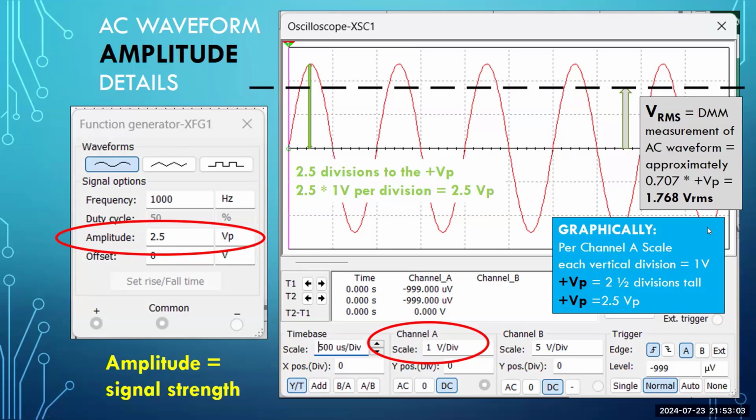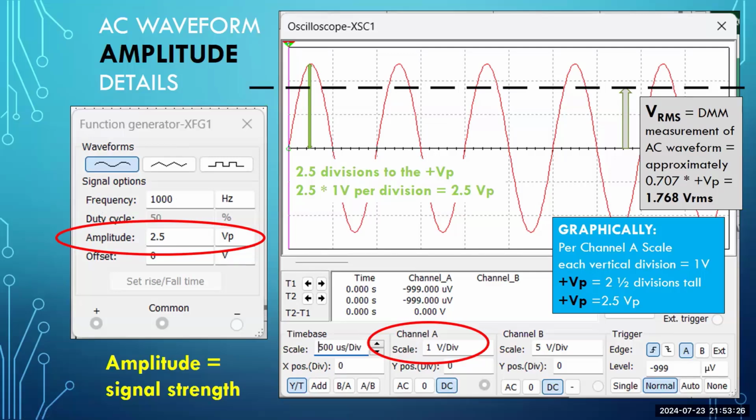That's given. So the positive V peak is 2.5 divisions tall. So the positive V peak of 2.5 divisions times 1 volt for each division, graphically, we're able to determine the V peak as 2.5 volts peak. Nice.